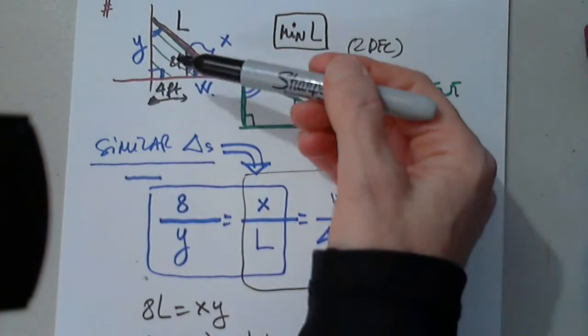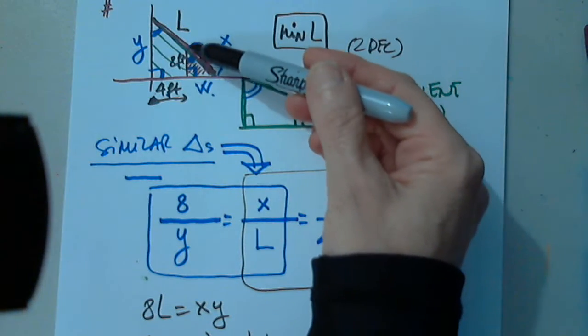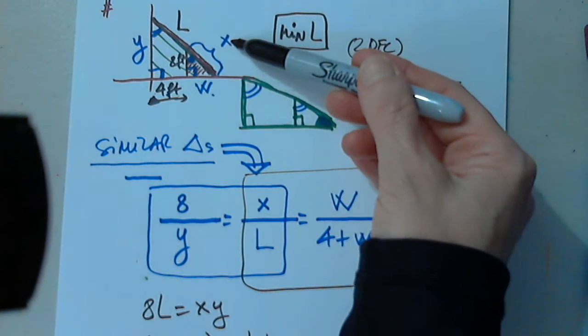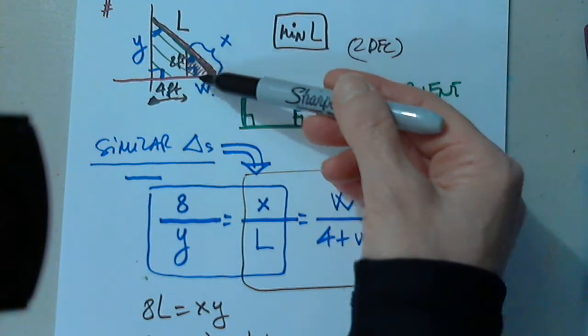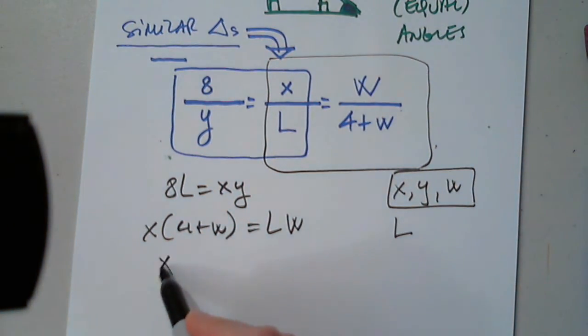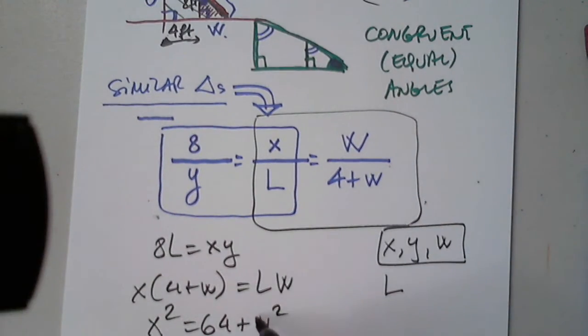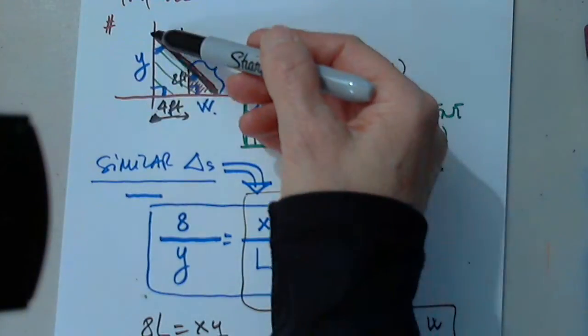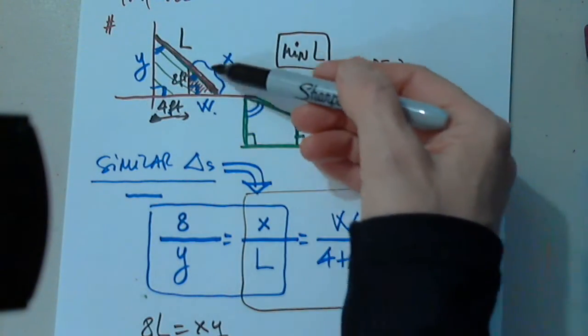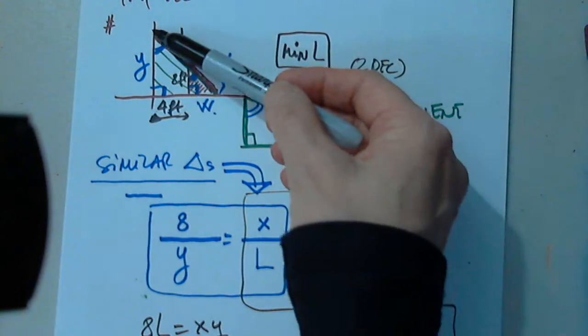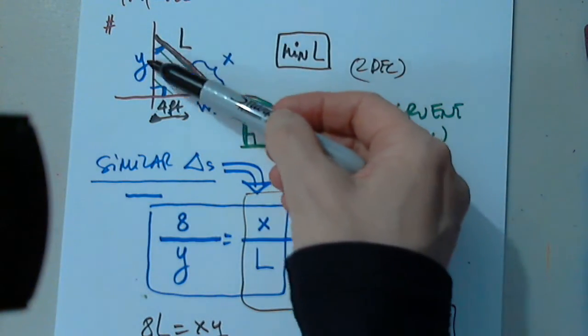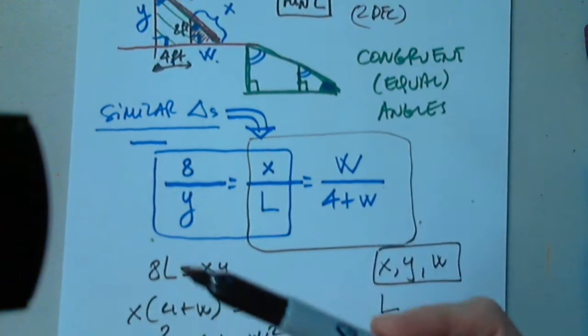Yeah, I could write the Pythagorean theorem here as X squared equals 64 plus W squared. And also in the big triangle, L squared equals Y squared plus (4 plus W) squared.